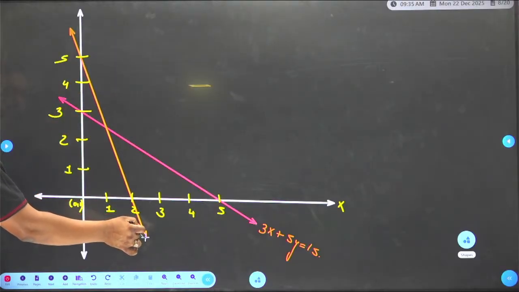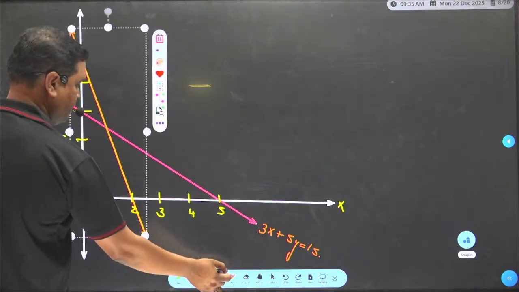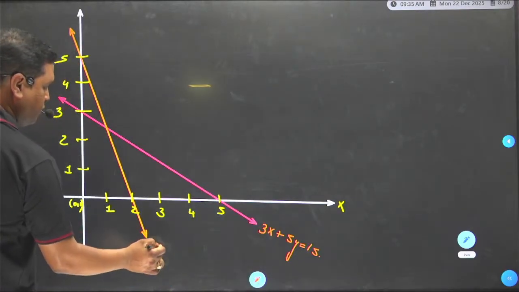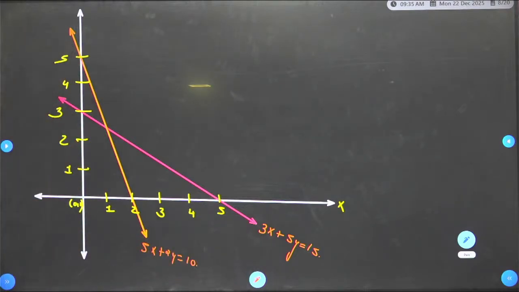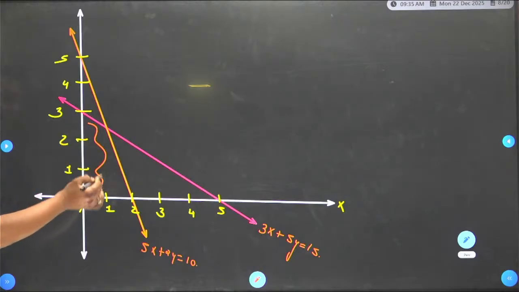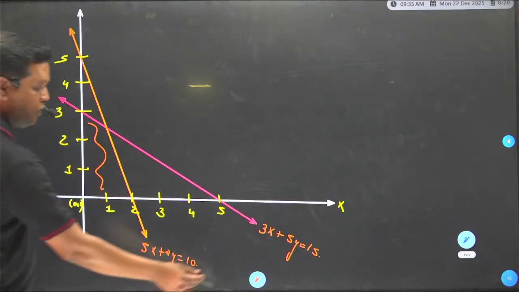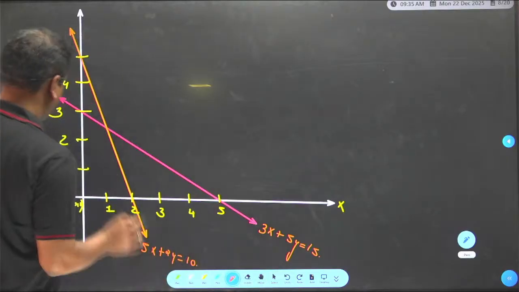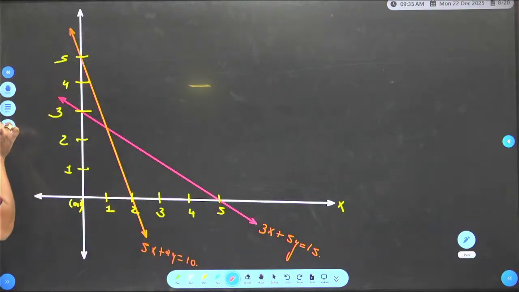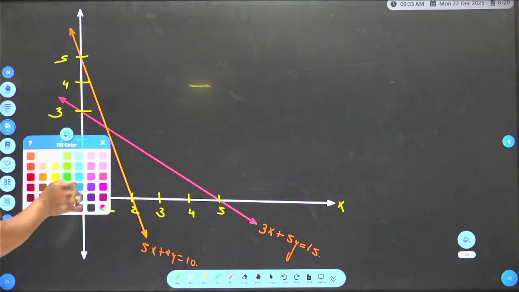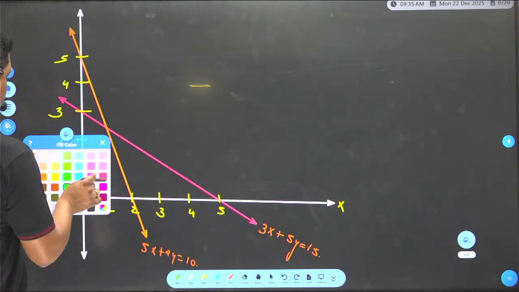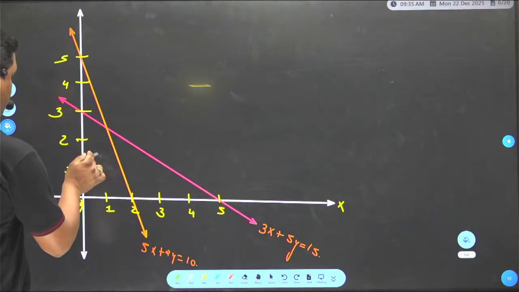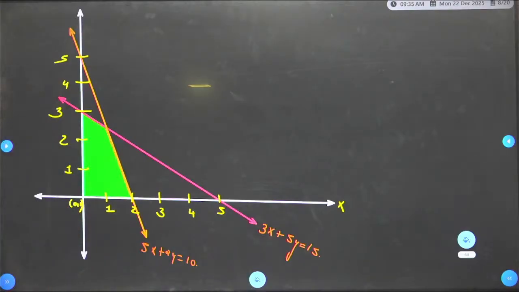What is the equation of the line? 5x plus 2y equal to 10. Now what is the common area? That one is the common area. Yes or no? This one is the common area.